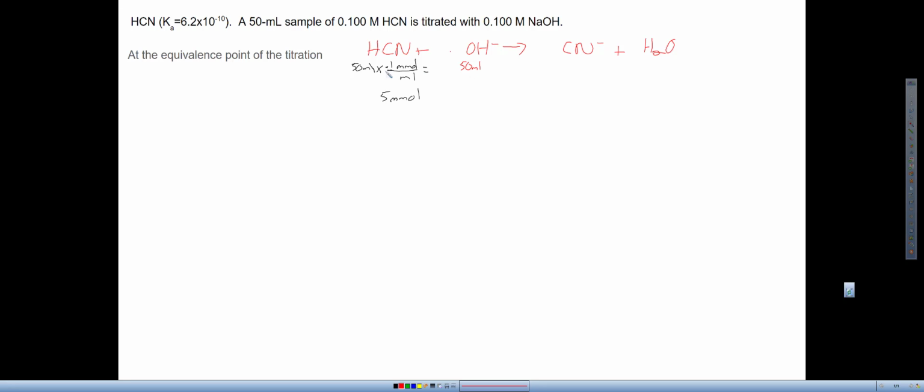I know this has to be the same as this because they're in equal volumes and I'm looking for equivalence point. So if this is what I start with, and this is what I end with, and all of it again is going to react.